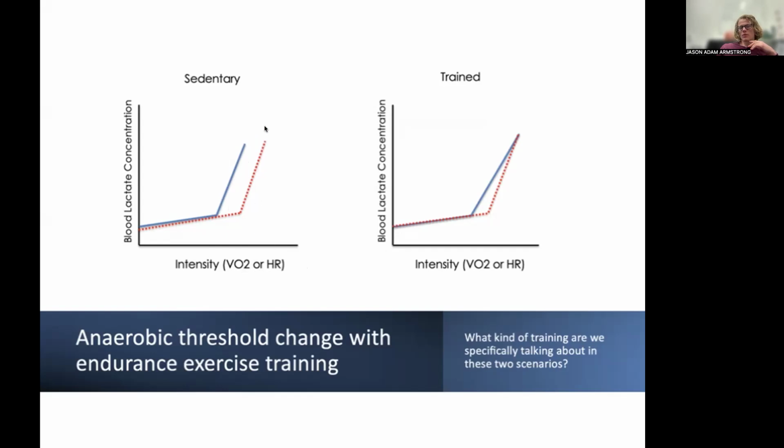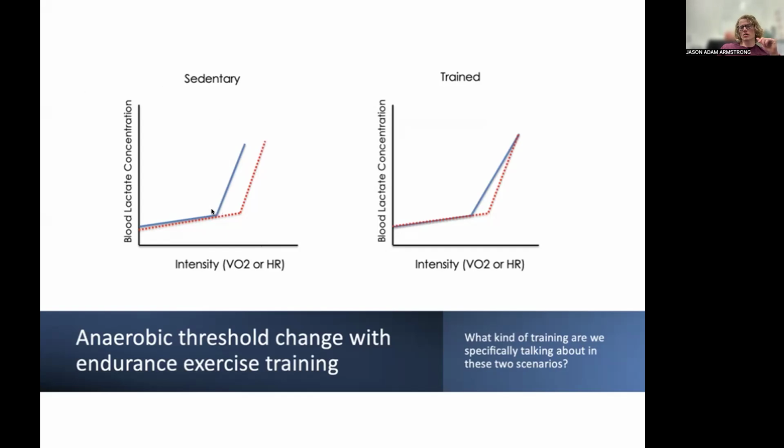If I were performing a test without training, my pre-test ended here, at some value, some blood lactate. Now with training, my test ended here, so my VO2 max is higher, or my heart rate max might be higher. In reality, we don't typically see a lot of change in heart rate max, but it's possible.